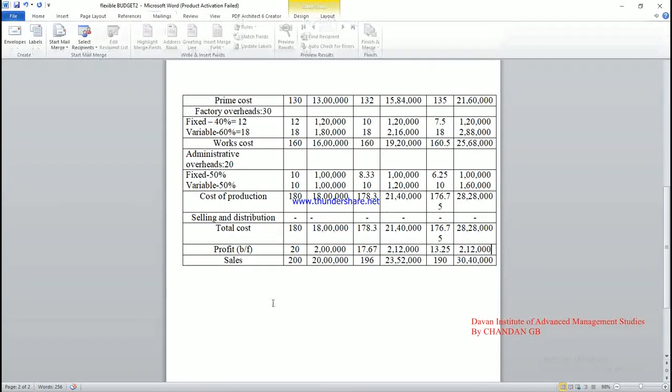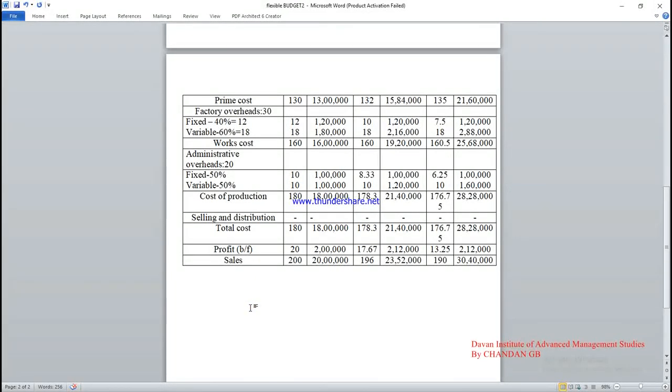Profit: see, the profit is 20 rupees. Divide by the unit total amount, that is 200, into 100, you will get the profit is 10%. I'm just giving the information regarding the 10,000 units. 20 rupees divided by the sales amount 200 into 100, that is the percentage, 10%. You are getting the profitability here.